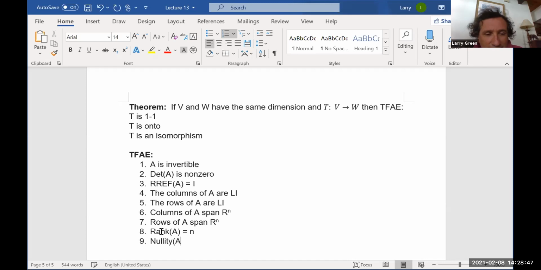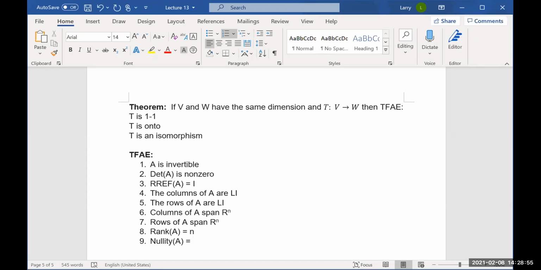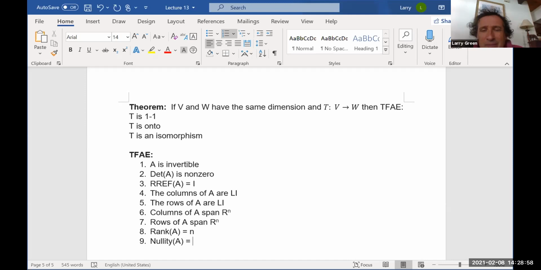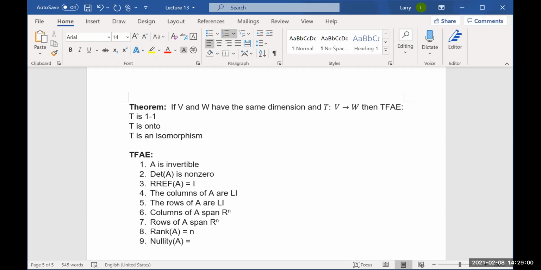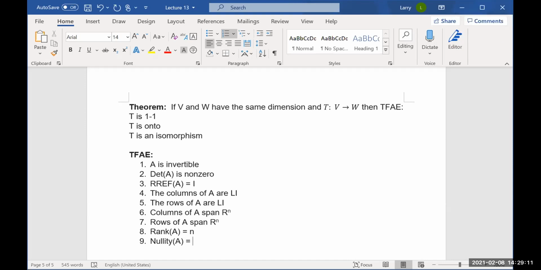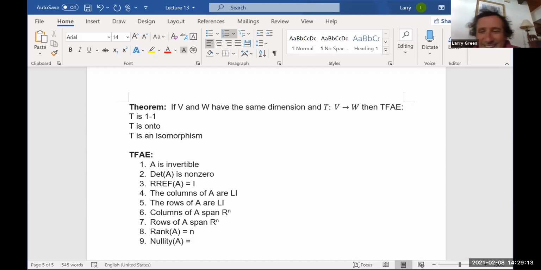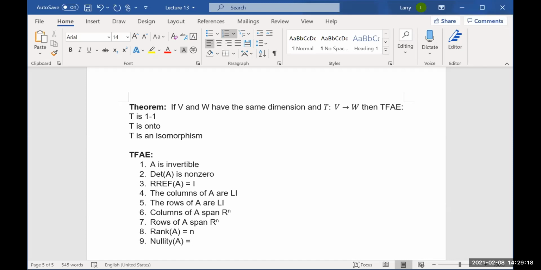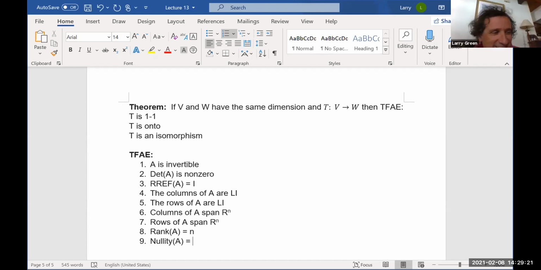I don't know if I've written this one, but I might have. What's the nullity of A? Rank of A minus n, or n minus rank of A. Looking for something much easier. What's the nullity of an invertible matrix? Here's a hint. You only need one symbol. It's a symbol a first grader understands.